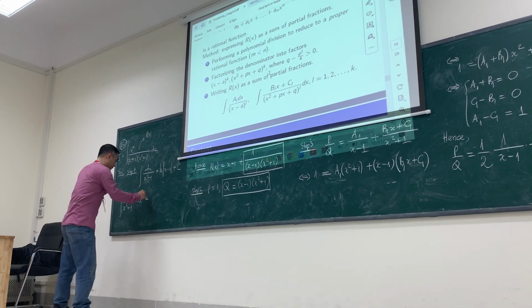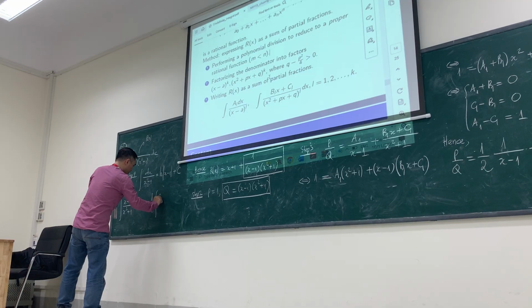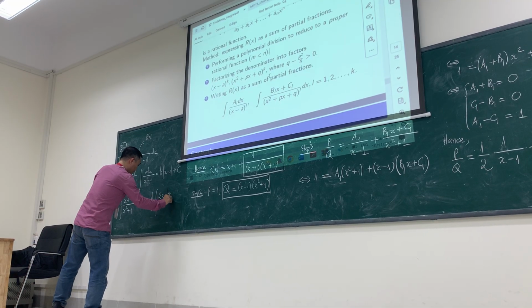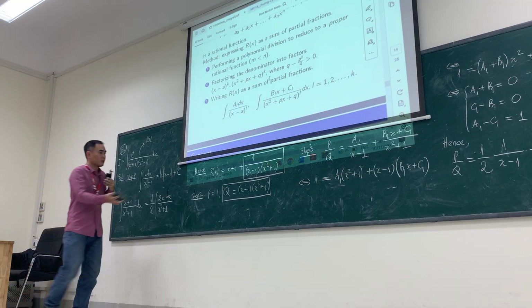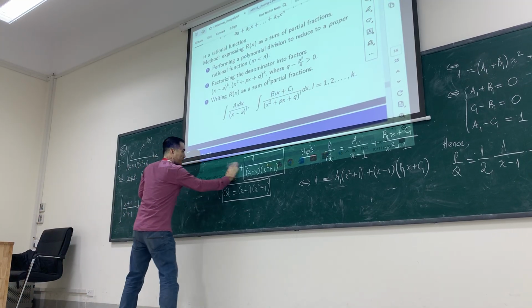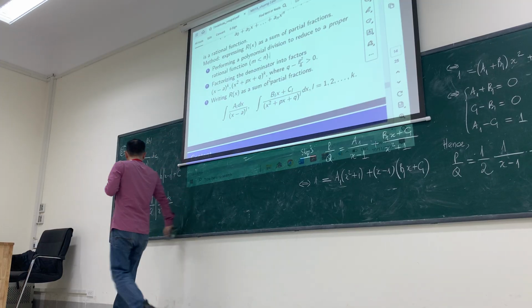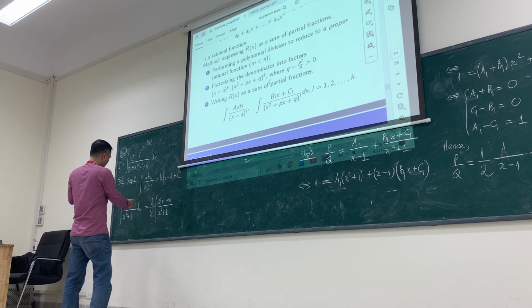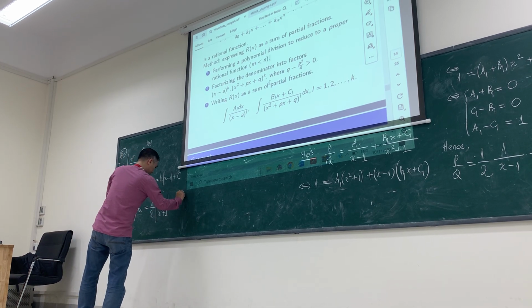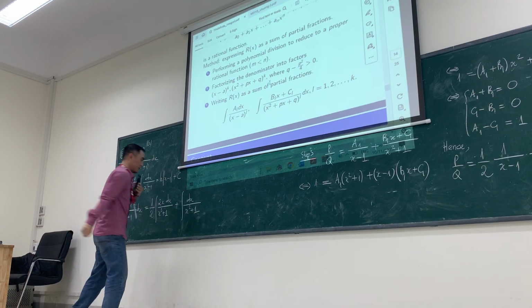The integral here is equal to 1 over 2 times the integral of 2x dx over (x squared plus 1), plus the integral dx over (x squared plus 1).